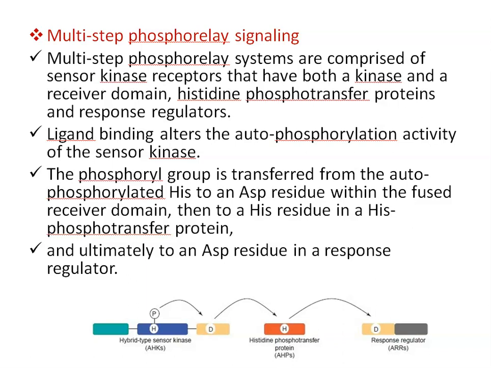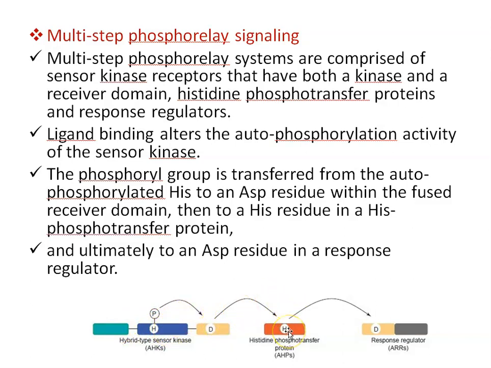In multi-step phosphorelay signaling, here multi-step phosphorelay systems are comprised of sensor kinase receptors, right, to perceive signal, that have both kinase and a receiver domain, CHASE domain, kinase domain, and receiver domain, right?